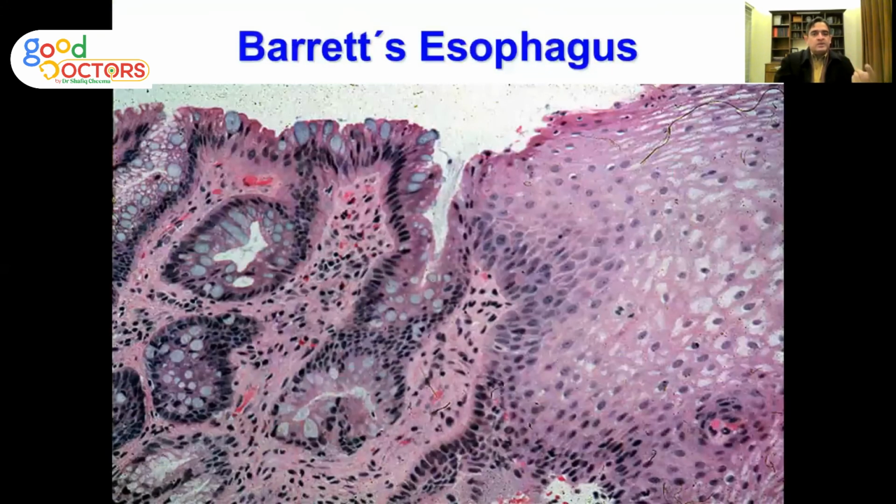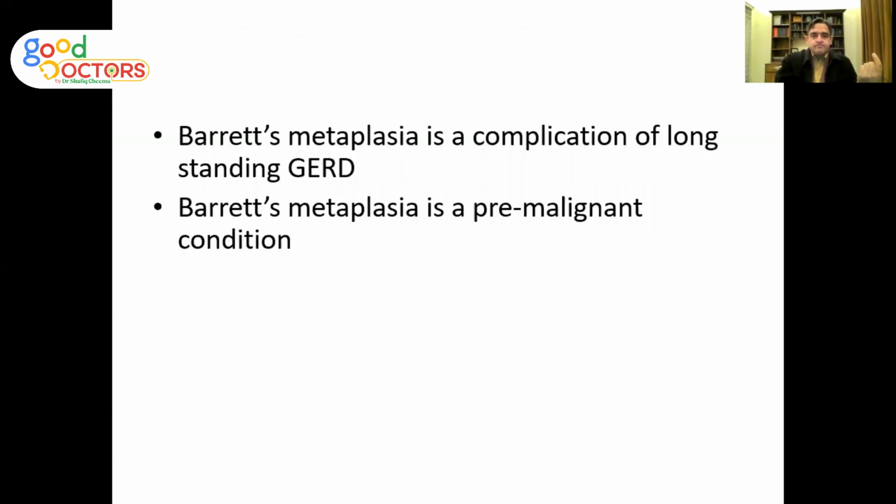And this is how it appears on biopsy. You can see on the right side, there is a squamous epithelium, which is normal for the esophagus. But on the left side, the epithelium is columnar, and you can see there are goblet cells as well. The other features with the help of which we can label it as dysplastic need to be noted down to see what the risk of malignancy is in this Barrett's metaplasia.